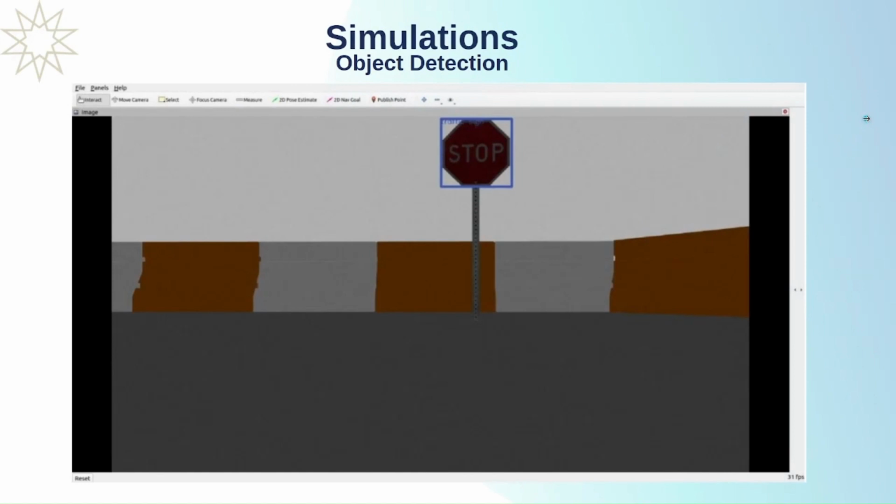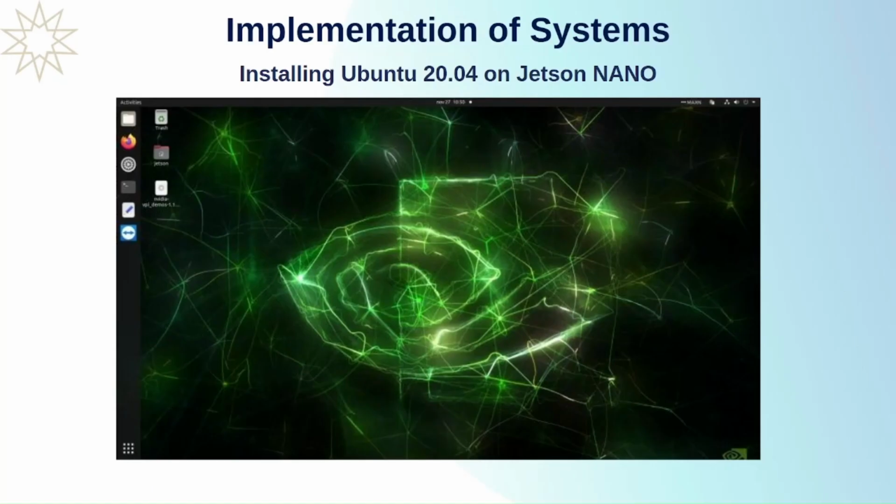We used YOLOv7 for object detection, and we connected YOLOv7 with ROS. In the implementation, we installed Ubuntu 20.04 on Jetson Nano.